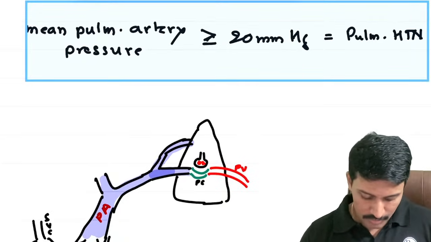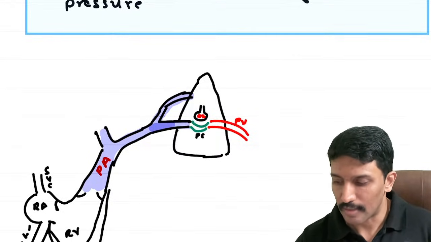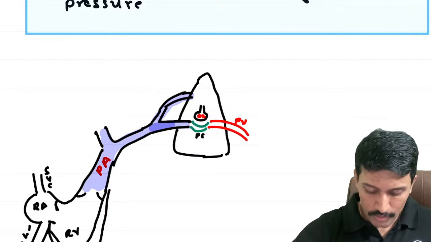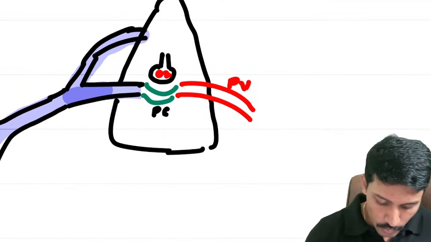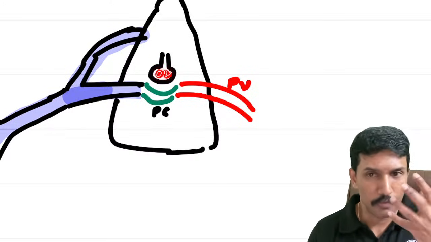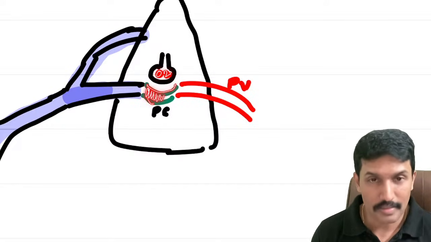Now, why will the pressure in this pulmonary artery increase? A couple of minutes back, we learned one example. What was the example? Chronic bronchitis. So in chronic bronchitis, what happened? The amount of oxygen entering the alveoli reduced. Because of that, this pulmonary capillary got constricted.